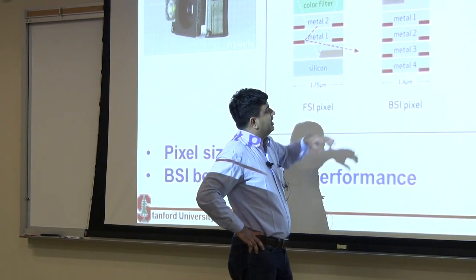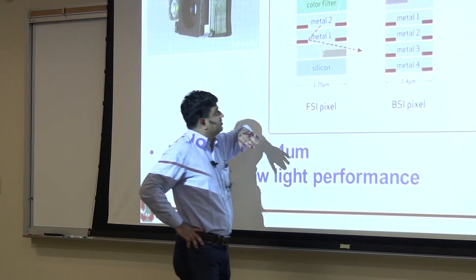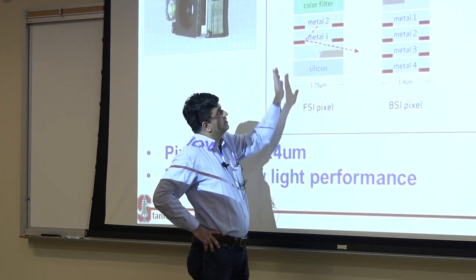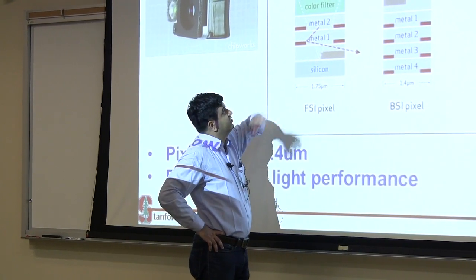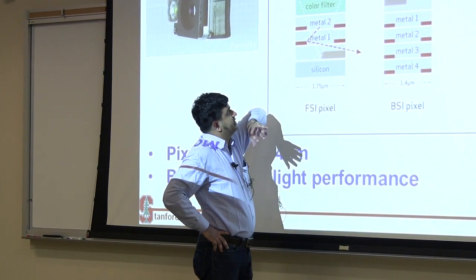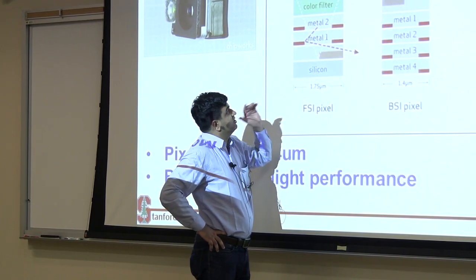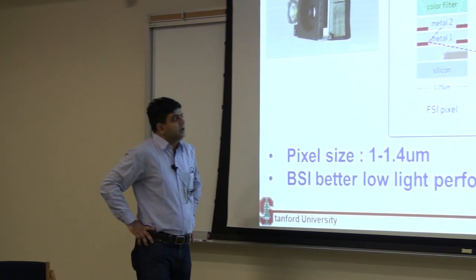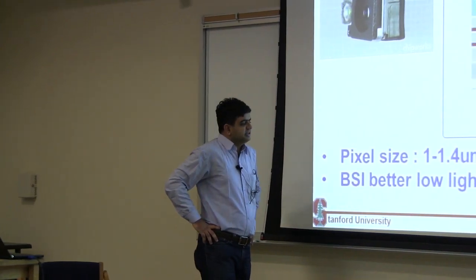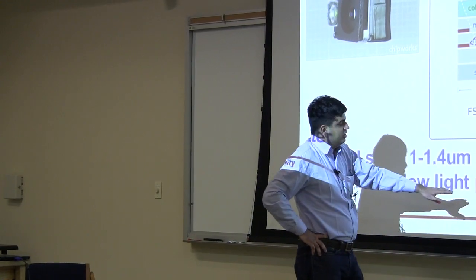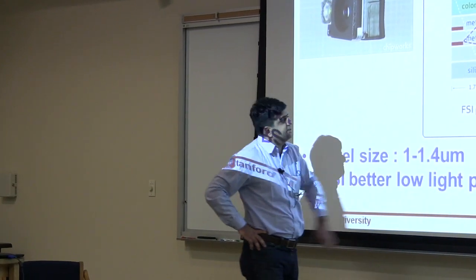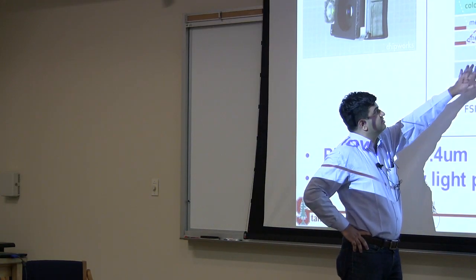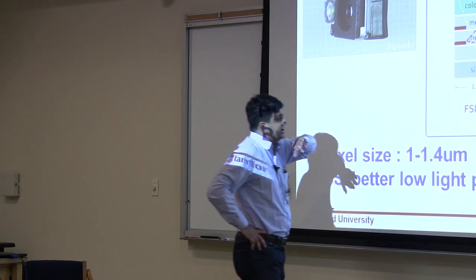And if you have multiple of these wirings, a lot of your incoming photons will get reflected back from striking these metal levels, or they'll get diffracted or scattered, neither of which is good for your overall camera performance. This especially hurts you in low light, when you have fewer incoming photons and you scatter or reject them, which hurts the low light performance of your camera.